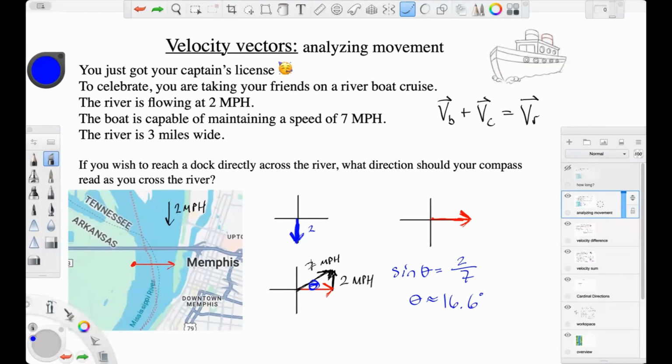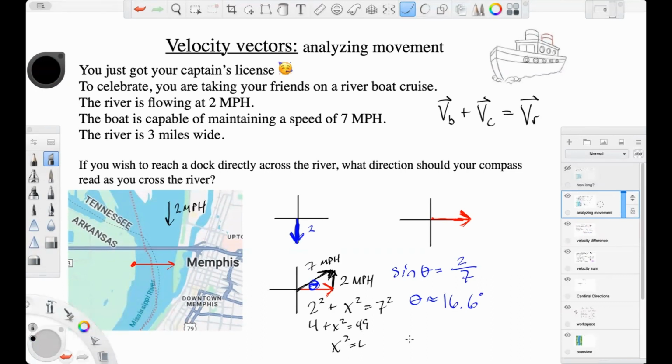Now, we might want to know how fast are we going across the river. Well, that just means we need to solve for this side of the triangle. So we'll use Pythagorean theorem for that, right? So we'll say 2 squared plus x squared equals 7 squared. And then we can solve for that missing side there. So we'll have 4 plus x squared equals 49. So x squared equals 45.